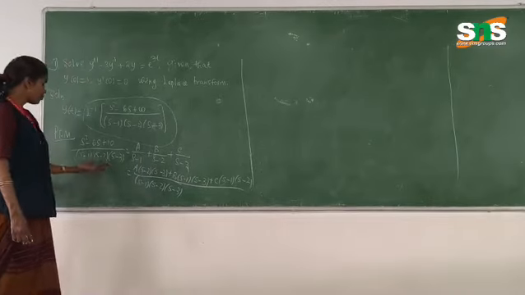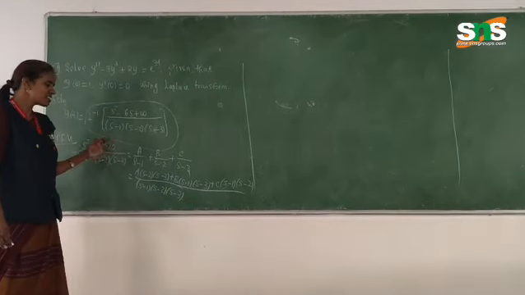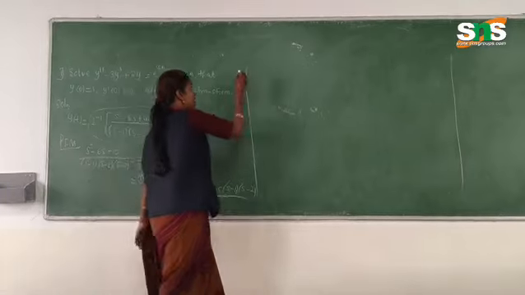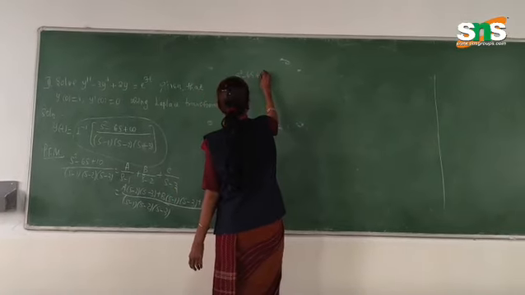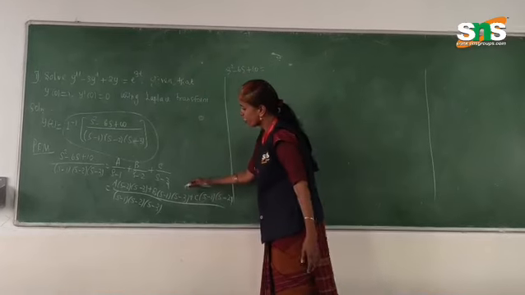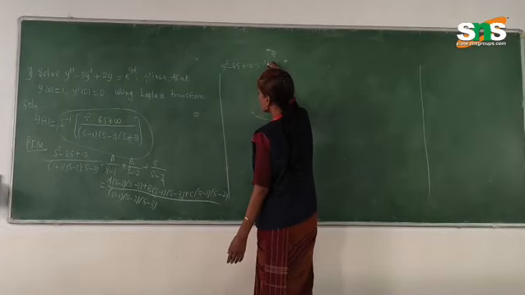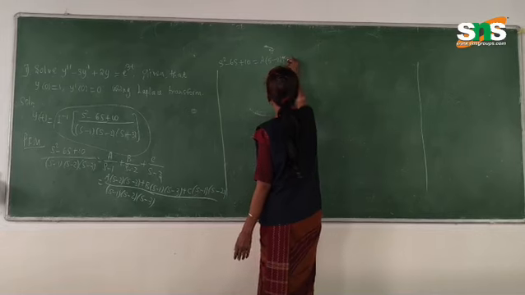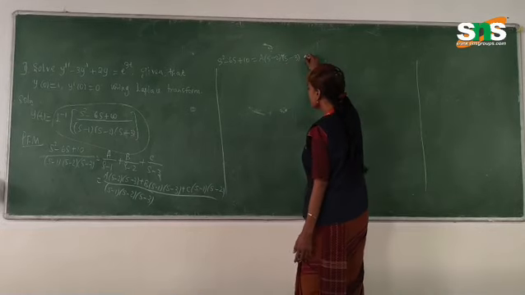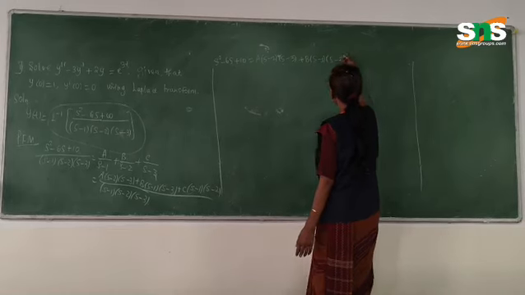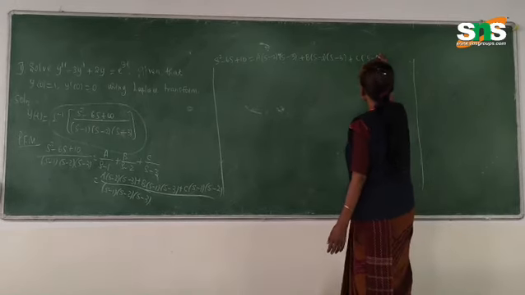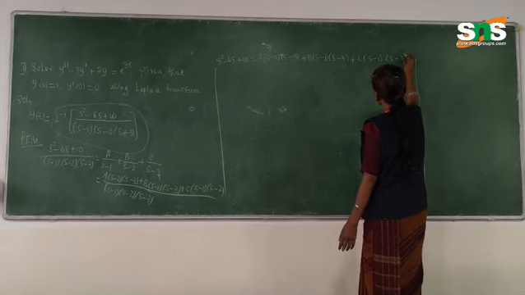Then we consider the numerator term again: s square minus 6s plus 10 should be equal to A into (s minus 2)(s minus 3) plus B into (s minus 1)(s minus 3) plus C into (s minus 1)(s minus 2).